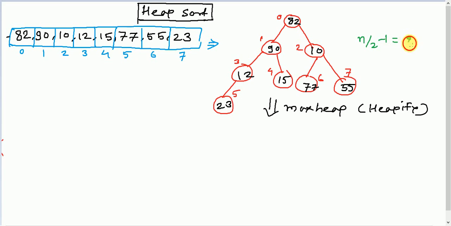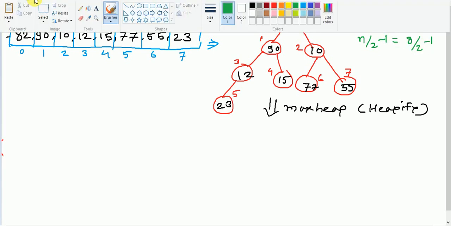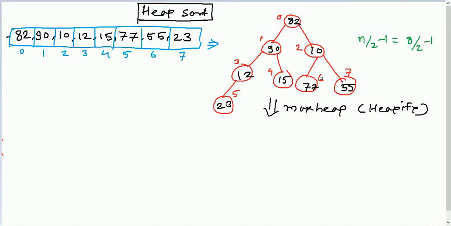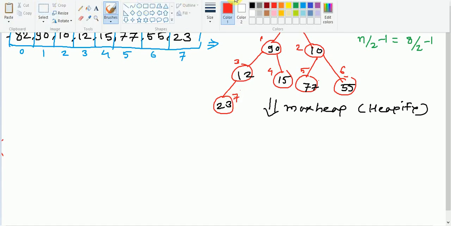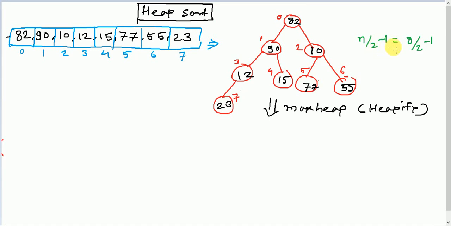Here there was some mistake from my side in the heap, so I will correct it: the indices are 4, 5, 6 and 7. So n by 2 minus 1 is 8 divided by 2 minus 1, which is 3.